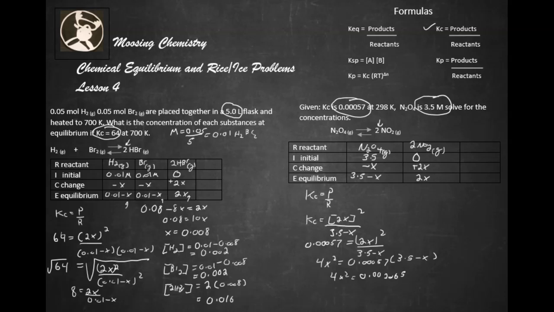Since that number is so small, we're just going to throw that x out because it's not going to really affect anything. We divide by 4 and then take the square root, and that's going to give me 0.023. Now we're going to put that into the value of x here and the value of x there. What about this x? I got rid of it. Why? Because this number is so small, it's so insignificant, it's not going to really matter. So sometimes you can do that.